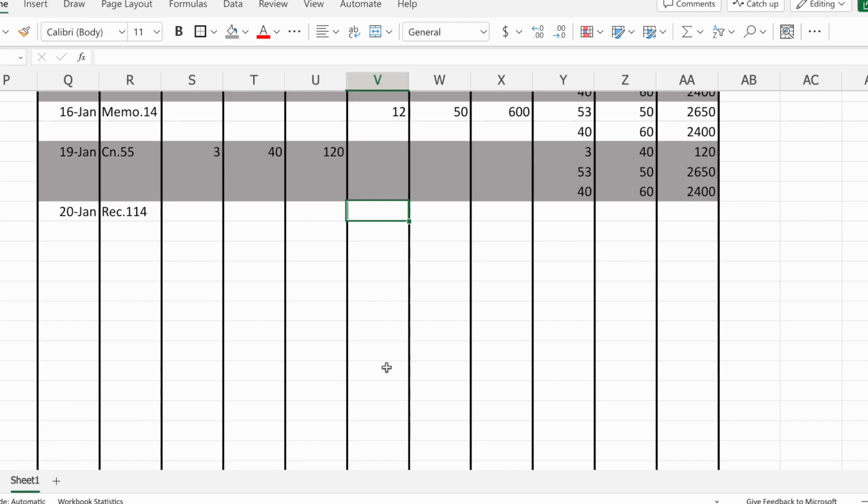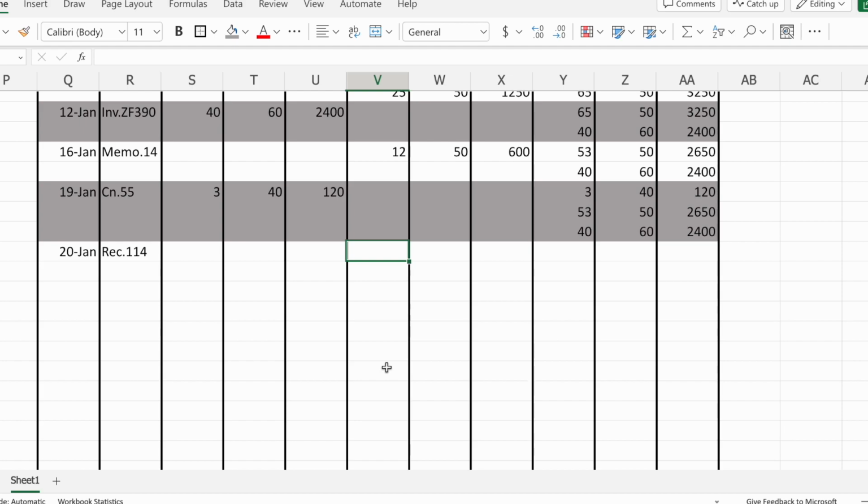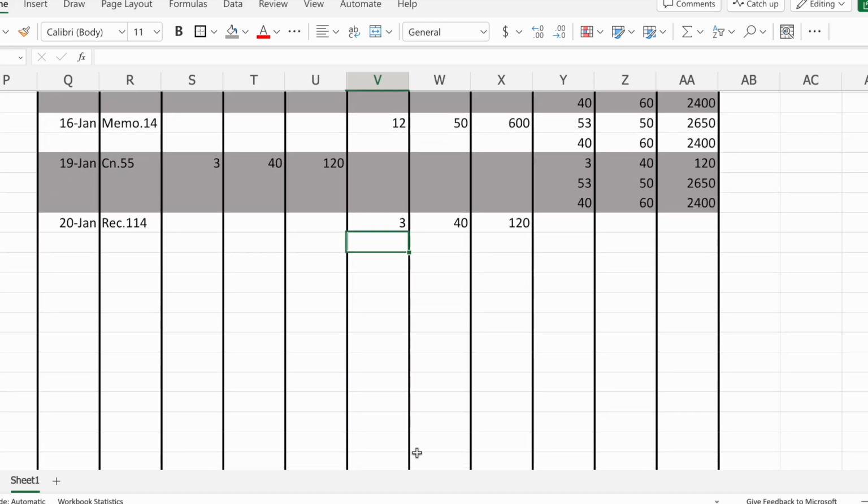So in this case, what came in first? Whatever came in first goes out first. So 340, 120. And then remember, using FIFO, the first in is the one that's first out.